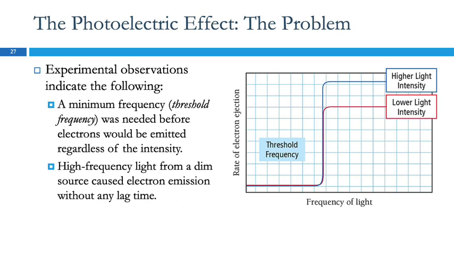The difference between bright light and dim light is that you get a bigger signal from the bright light than from the low light, but both start at the same frequency. There is no lag time. The previous theory said, if you're down here, you just have to wait a while for the electrons to absorb enough energy. This is saying, no, that doesn't work at all.